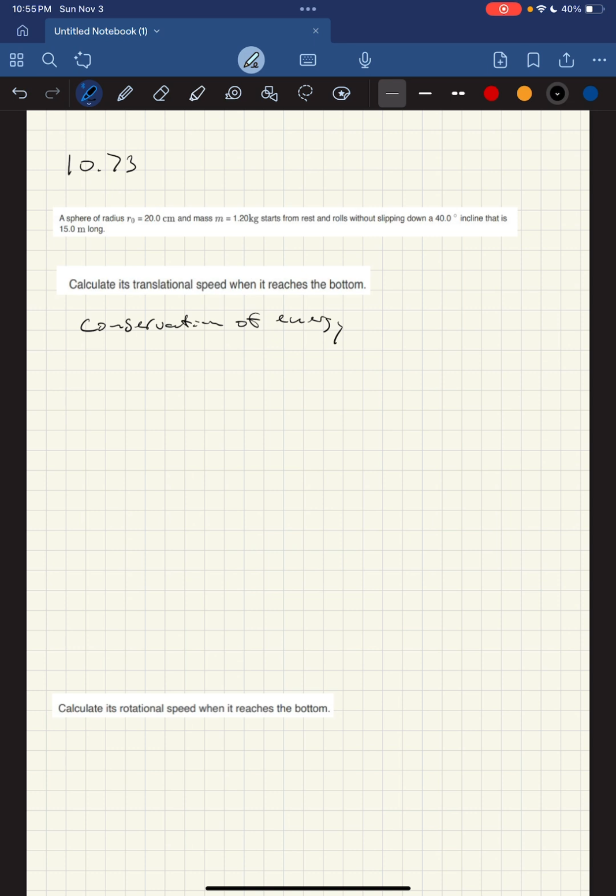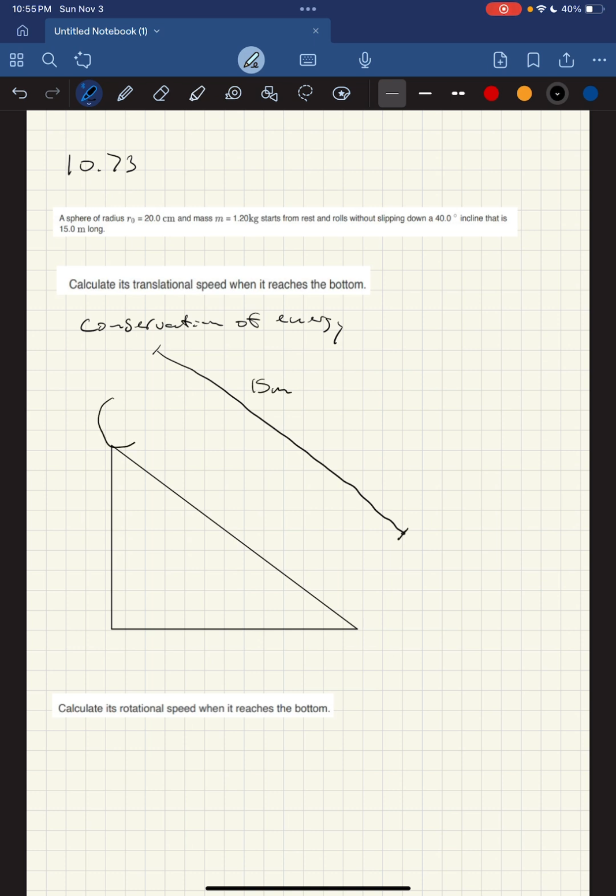So, if we drew our ramp, it is approximately 15 meters long. It is a ball or sphere with a radius of 0.2 meters and a mass of 1.2 kilograms.